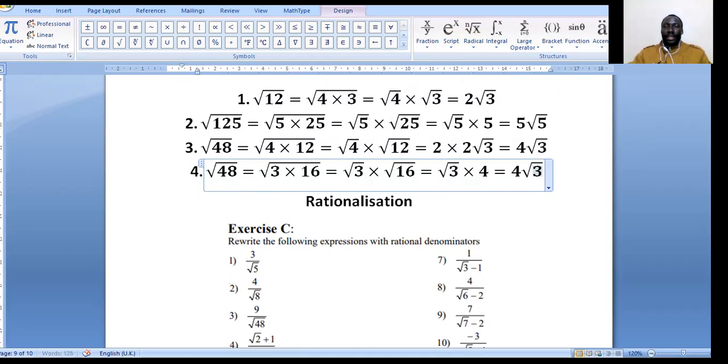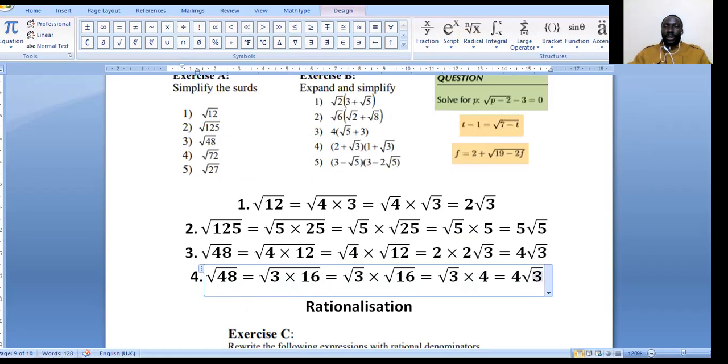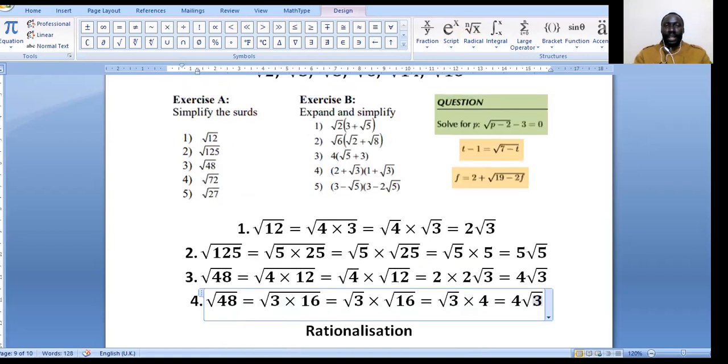Now, the next thing we want to look at is, apart from simplifying it, what if we are required to multiply, like we have in exercise B? Now you will have to handle question 4 and question 5 of exercise A. Then in exercise B, let's try to see how we can handle this.